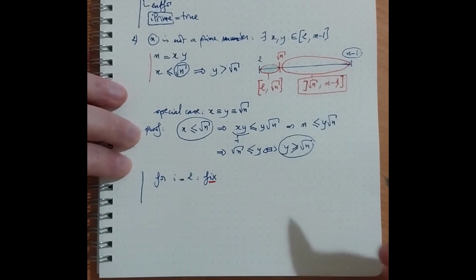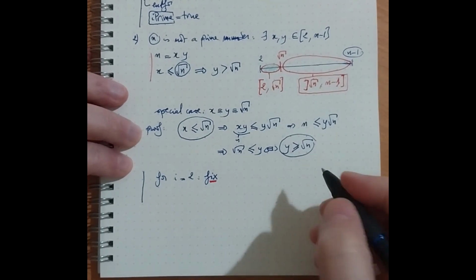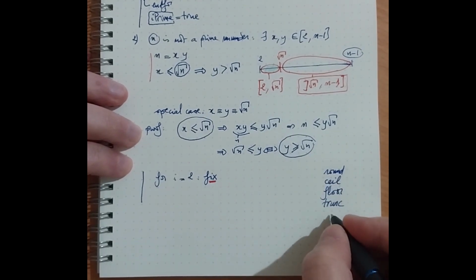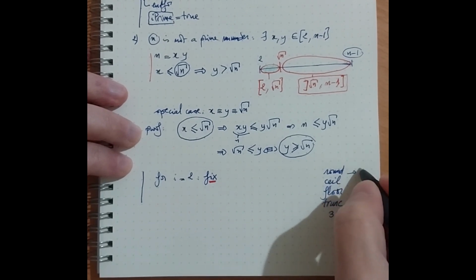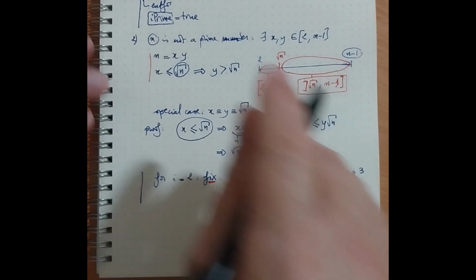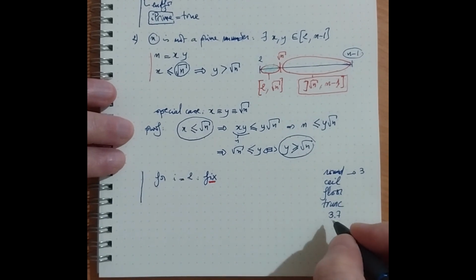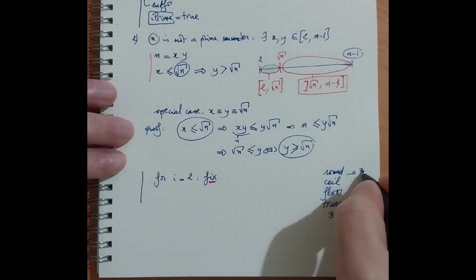For real numbers, for example, for 3.7, round will return 3. Let me check. So, for example, for 3.7, round will return 4, not 3.